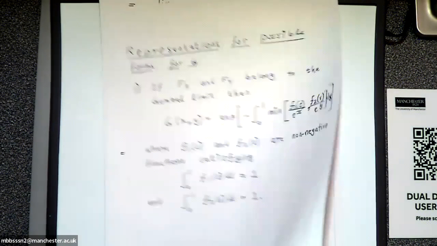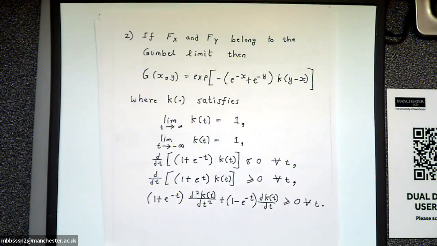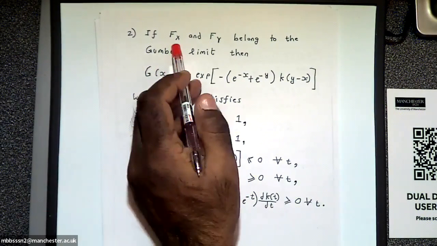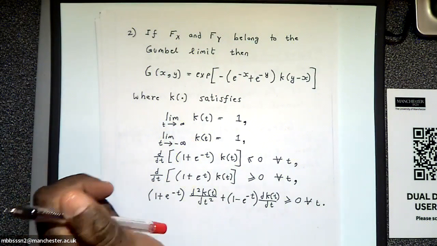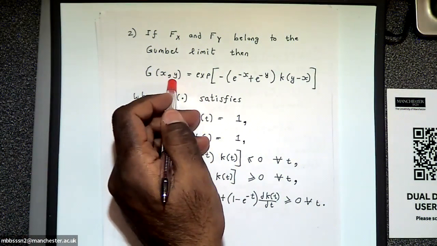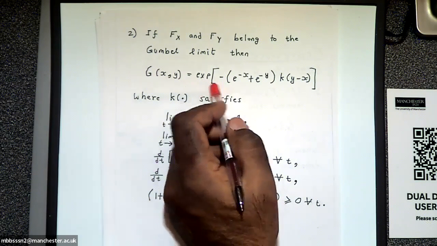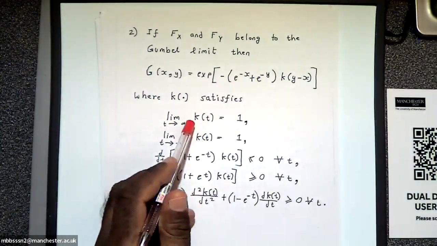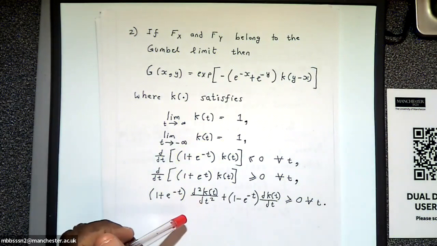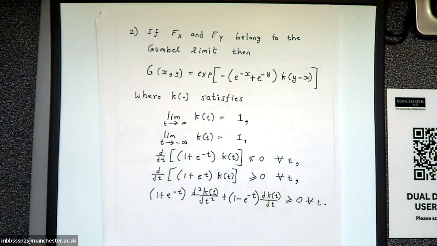And the next good news is this. Again, if the marginals belong to the Gumbel domain of attraction, then the possible forms for G, of which there are uncountably infinite, can be expressed in this form, where K is a function that satisfies these 1 to 5 conditions. Okay, that's number 2.